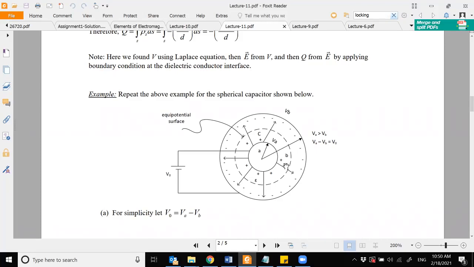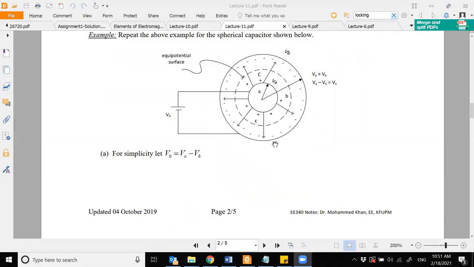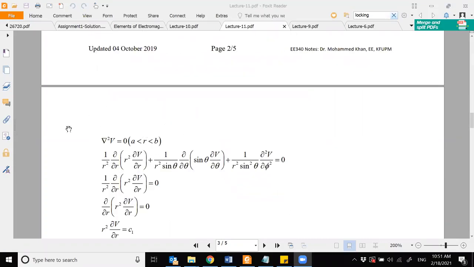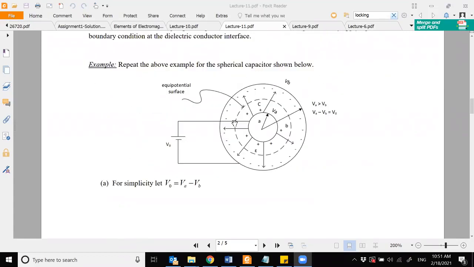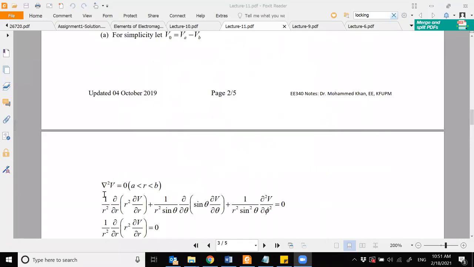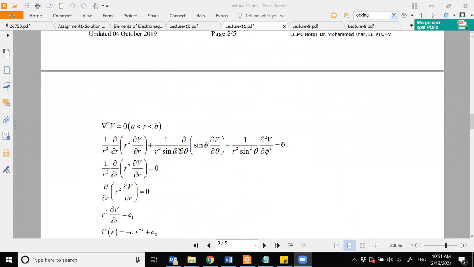Because it's a spherical capacitor, which coordinate system would be the best? Spherical coordinates. The spherical coordinate system will be the best. Therefore, my Laplace equation will be solved in this region between A and B, because this is B radius, this is A radius. This is the Laplacian, and it will be in spherical coordinates.